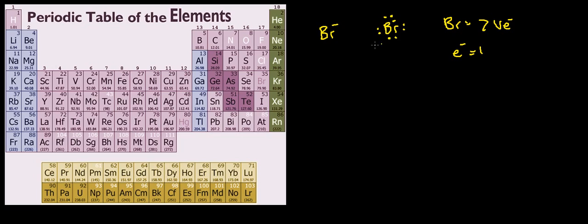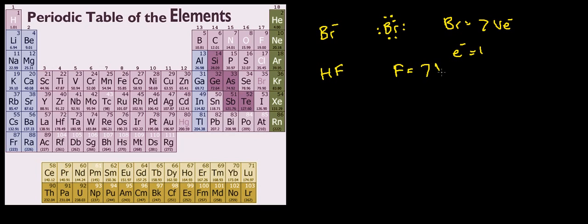So this is for something simple. You can do it for things that are bonded, like this. So yeah, for something that's bonded like this, I do the same process. Count the valence electrons for every individual atom.